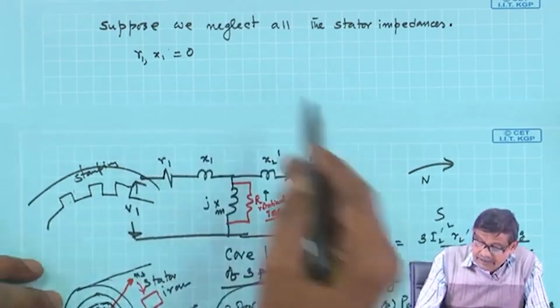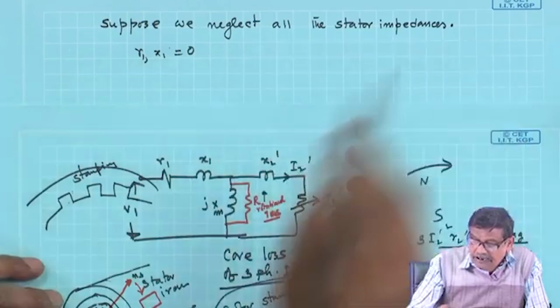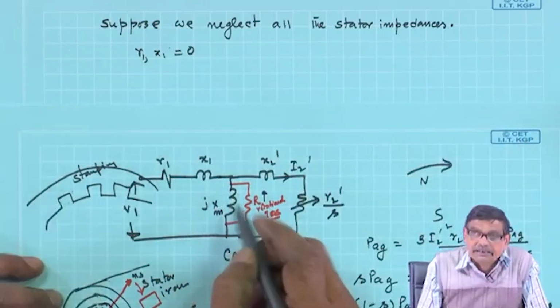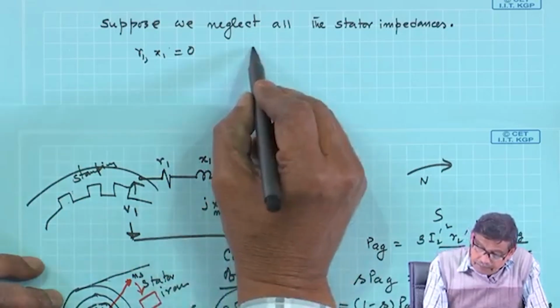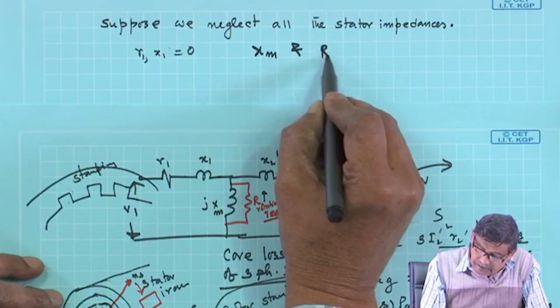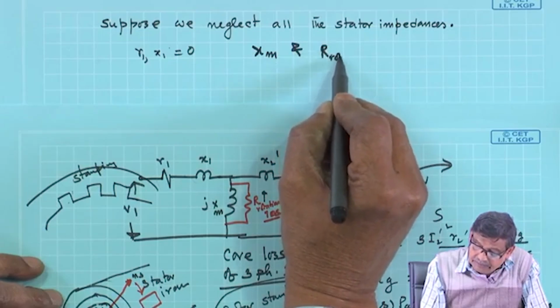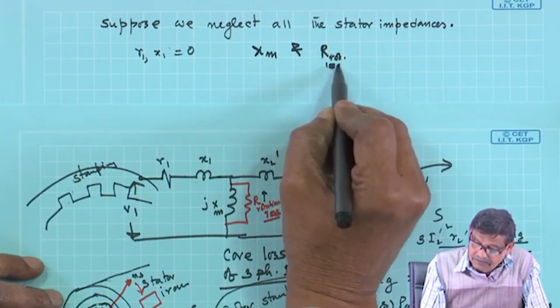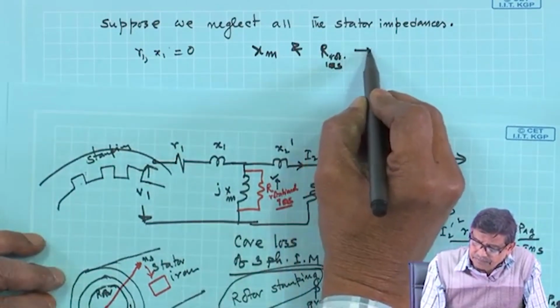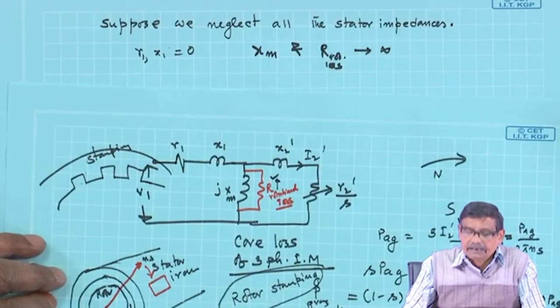When I say neglect the stator impedances, don't short it, they should be opened: X m and R rotational loss resistance, that is this resistance is very large, like infinity.